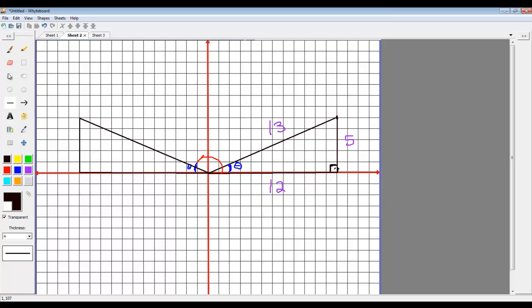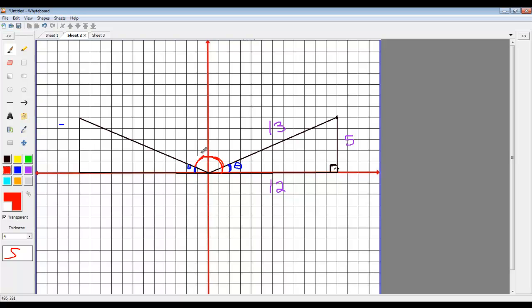Hey, I didn't do too bad of a job sketching earlier when I was sketching theta. Not too bad. Okay. And then in blue here, this little theta matches that theta.